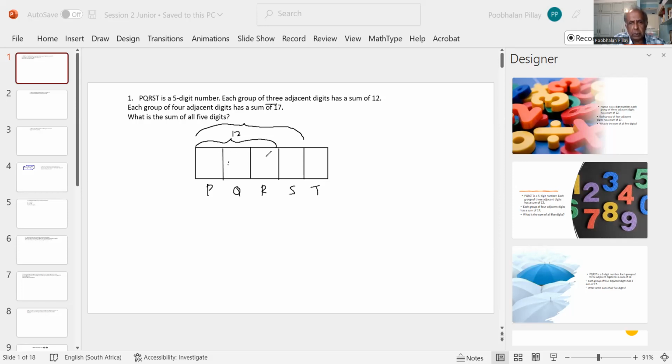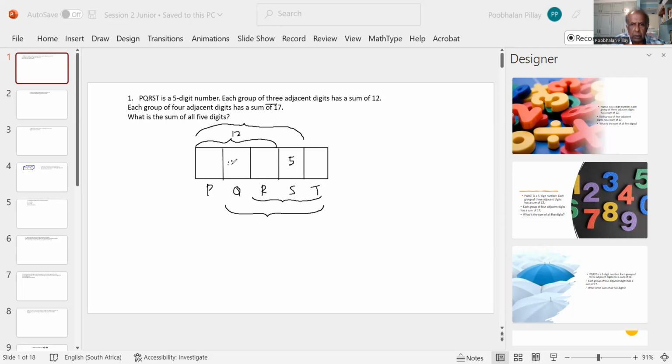So if these 3 add up to 12 and those 4 add up to 17, it means that this last digit here must be 17 minus 12, which is 5. See? And likewise, you will see that these 3 digits add up to 12, and those 4 digits add up to 17.